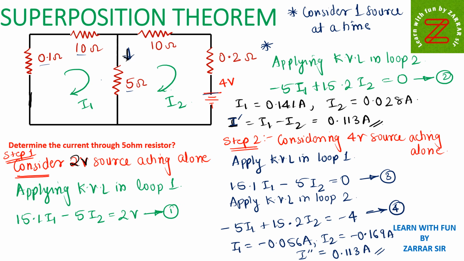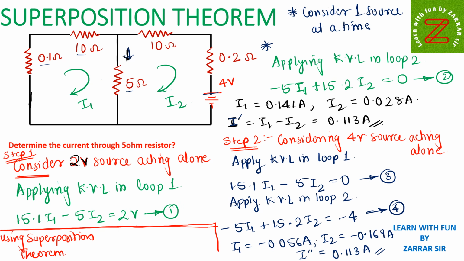Now according to superposition theorem, I'm very sorry I have not left the space, so I'm using this space over here. So using superposition theorem, you will write I dash plus I double dash, and if you add 0.113 plus 0.113, you will get 0.226 ampere.